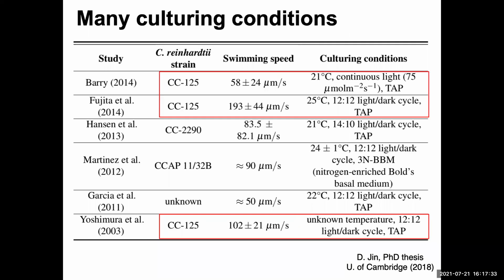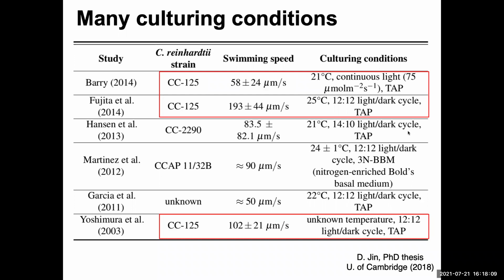And if we look at the culturing conditions, they're more or less the same, but not quite. So for example, this TAP stands for tris acetate phosphate, and if you add it to the media of Chlamydomonas, it can grow on the acetate by fermentation, as opposed to growing photosynthetically on the light.